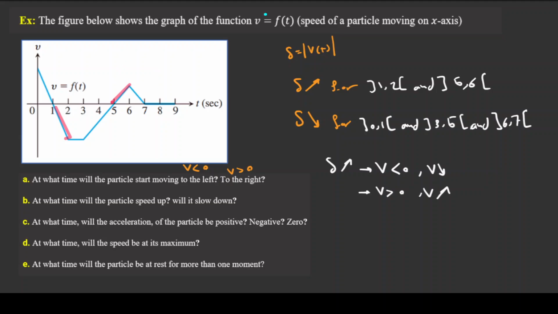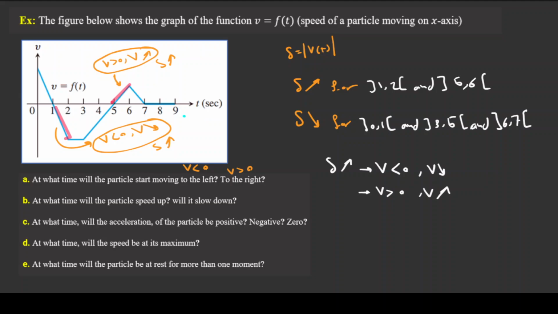Because here, guys, velocity is positive and increasing, so it speeds up, and here velocity is negative and decreasing, so it speeds up.